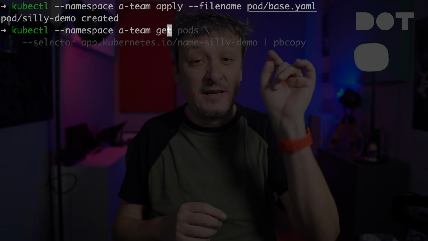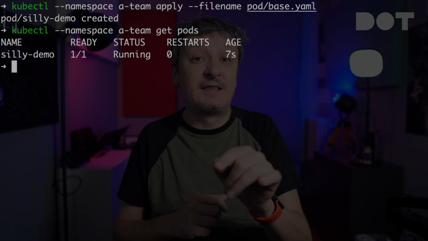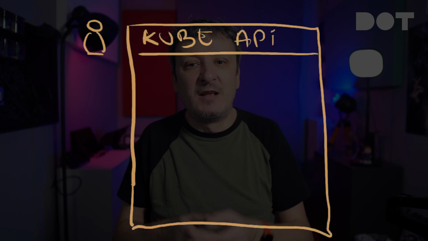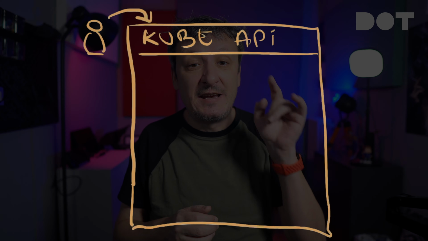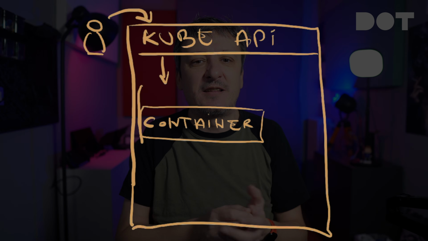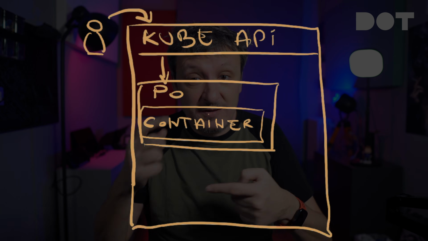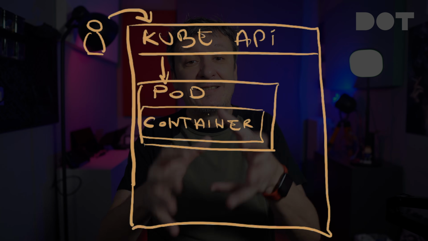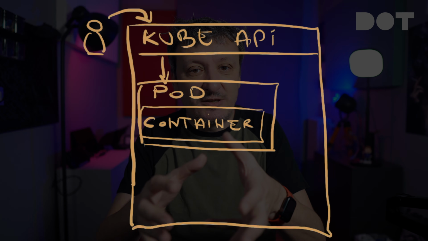Now, if we apply that manifest and retrieve all the pods in that namespace, we can see that it is running. We sent a request to Kubernetes API to apply a manifest containing a pod with a single container. As a result, Kubernetes started running that container wrapped inside a pod. That's the container with our application.